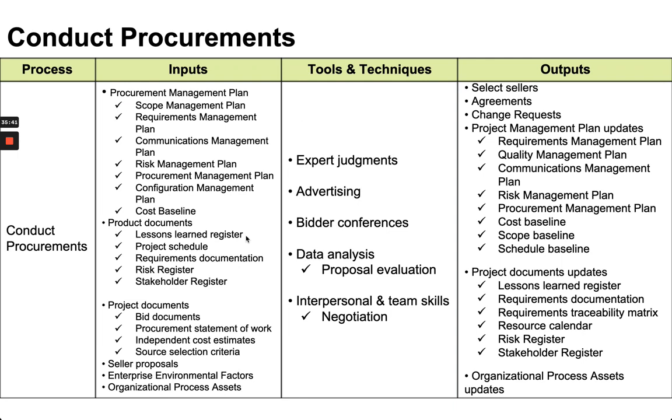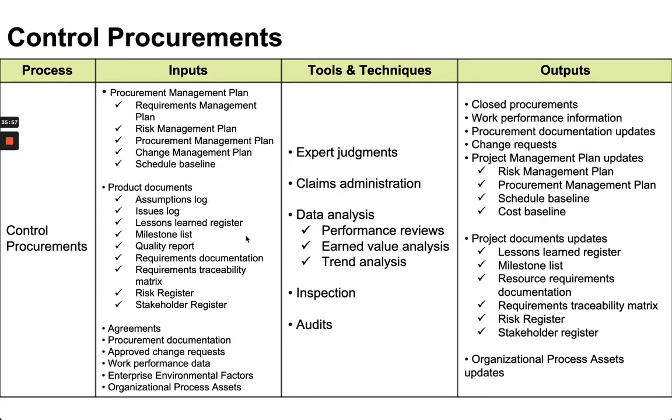Conduct procurement is where you have the agreements, possible change requests, things of that nature. You select who's going to do it, for example. And then control, in terms of performance of the procurement, any updates where needed, things of that nature.